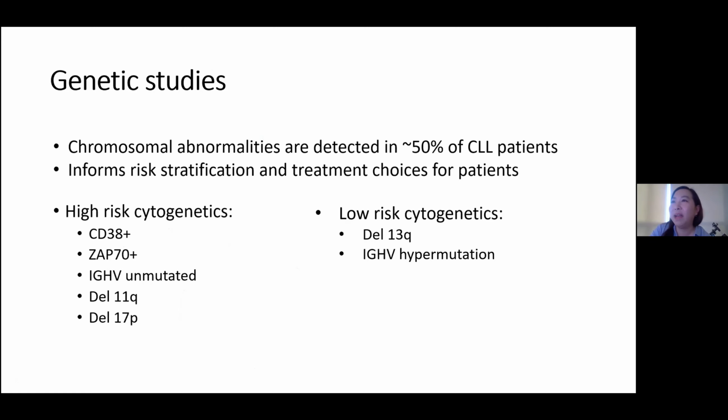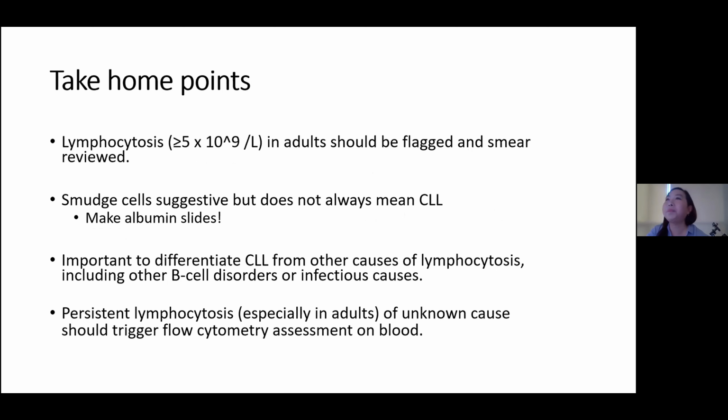And there are some higher risk markers, like CD38 expression, ZAP70, unmutated immunoglobulin heavy chain status, and deletion 17p, that these patients will be treated more aggressively, and there are some newer therapeutic agents that they start on these patients in comparison to if they have low risk cytogenetics.